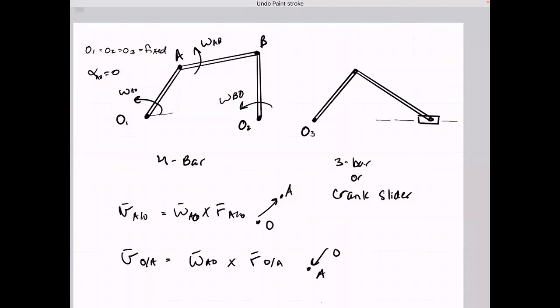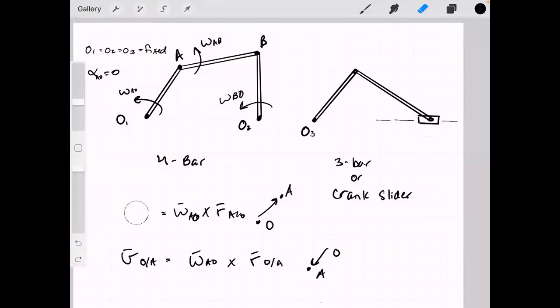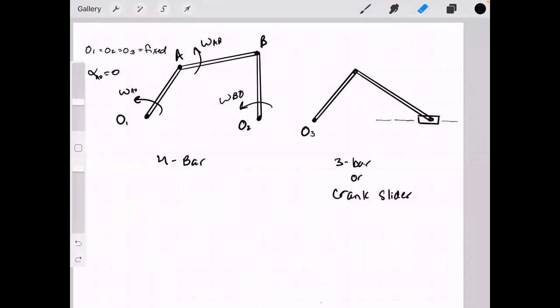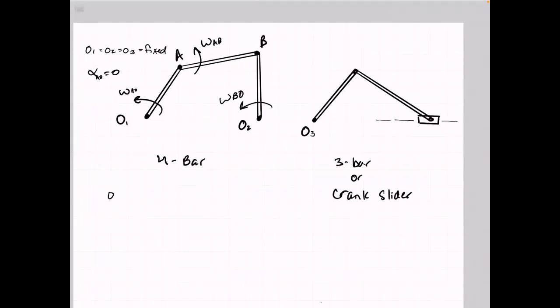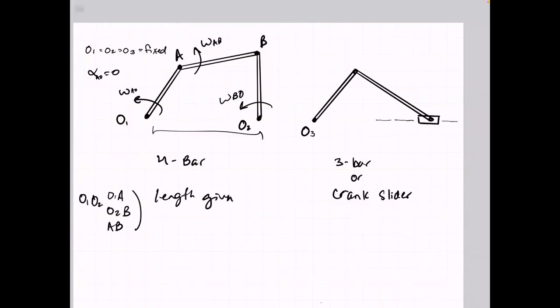So in a problem like this, where you have a given angular velocity and a given angular acceleration for that first length, and let's say that all of the lengths of O1A, O2B, and AB are given, as well as the length of O1 to O2, so this horizontal distance here.